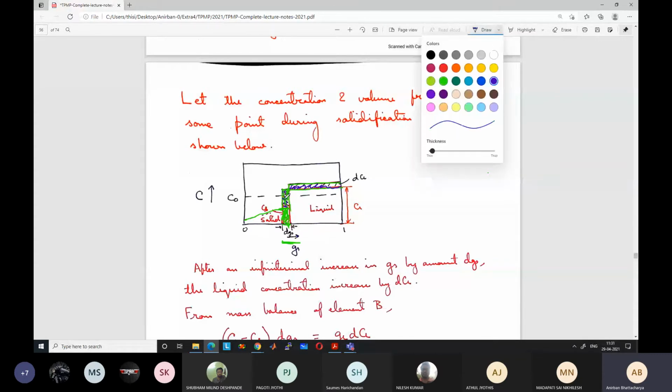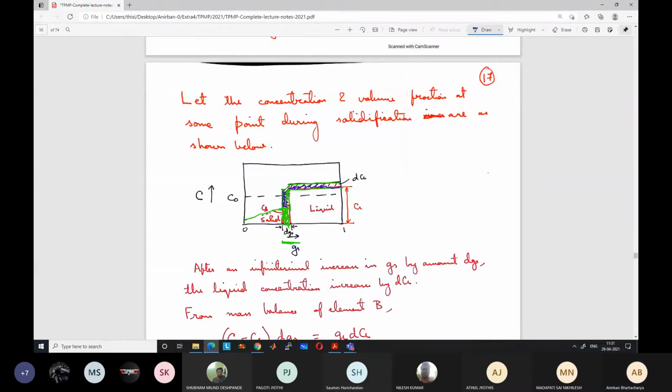If we equate this amount, which is removed from the solid, to the amount which has increased the concentration in the liquid.